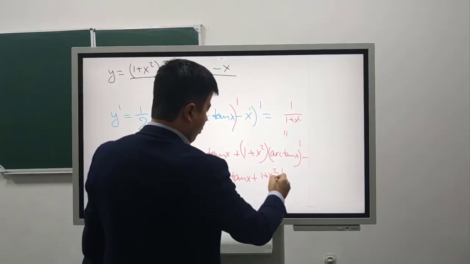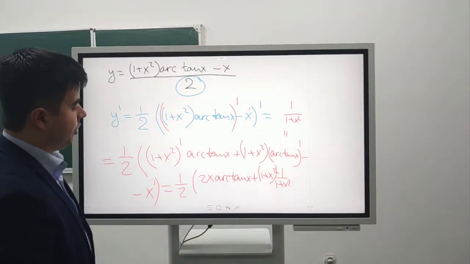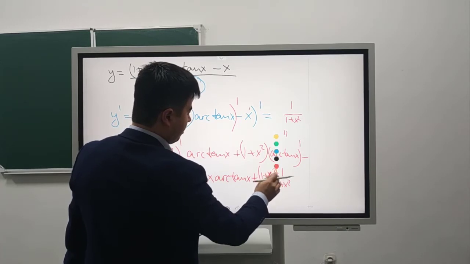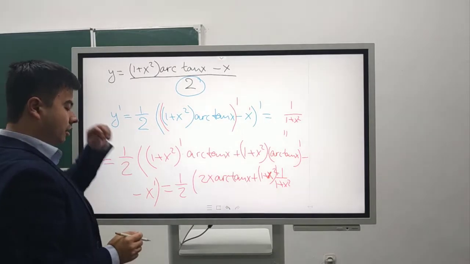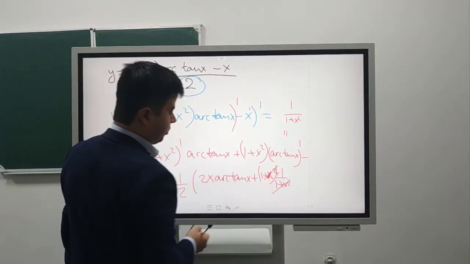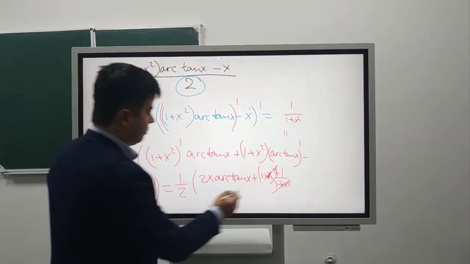So 1 over 1 plus x squared you need to write. Here we have multiplication, and in this case they are cancelled. And we have minus x prime, it is just 1.